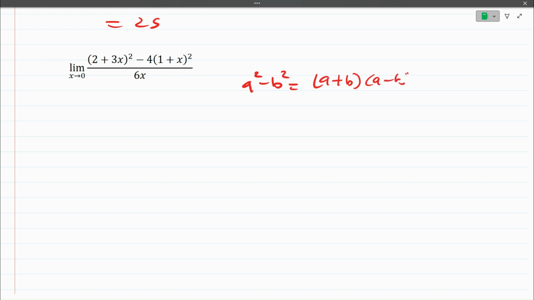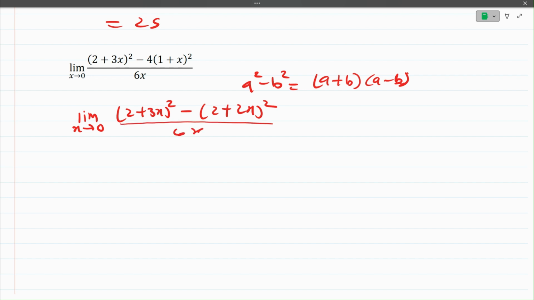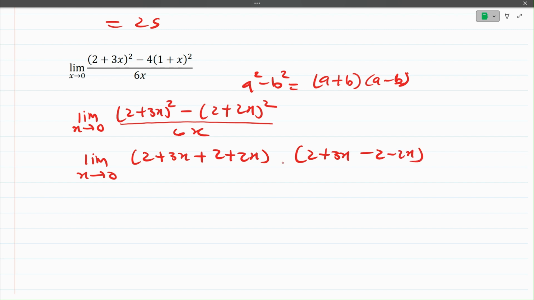But before that, we need to simplify, and we can write this as 2 plus 2x squared. And now we can use the identity. So it's 2 plus 3x plus 2 plus 2x, and 2 plus 3x minus 2 minus 2x over 6x.